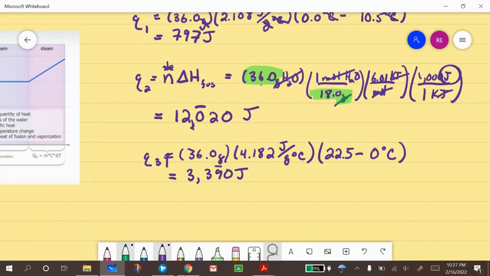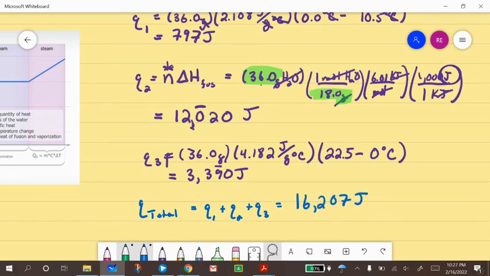So we're going to find Q total. This is easy. So Q total, we're just going to add them all together. So Q total is going to be Q1 plus Q2 plus Q3. And when we put that into our calculator, we get around 16,207 joules. That 2 right there is my last significant digit.